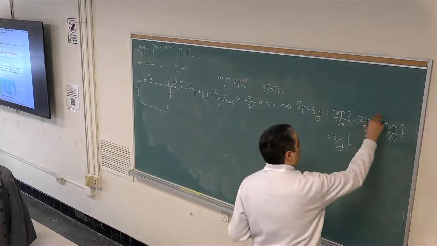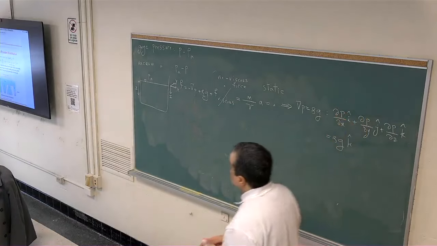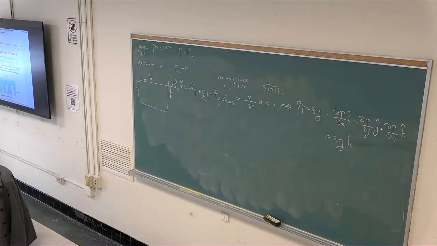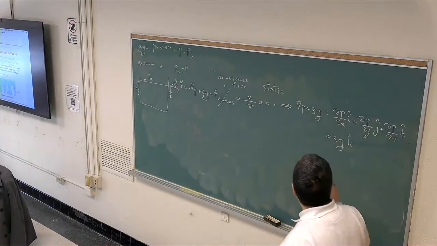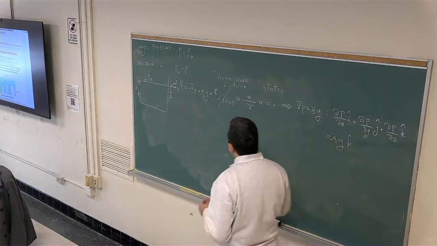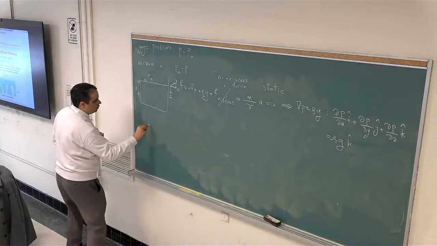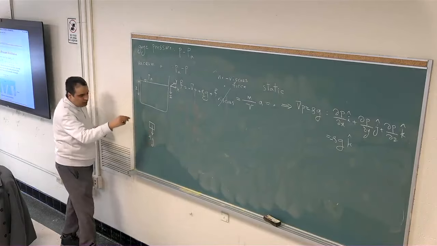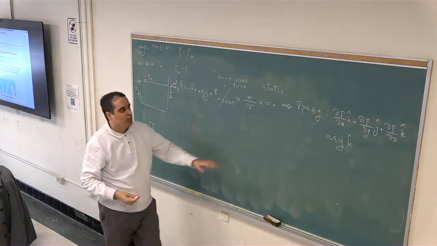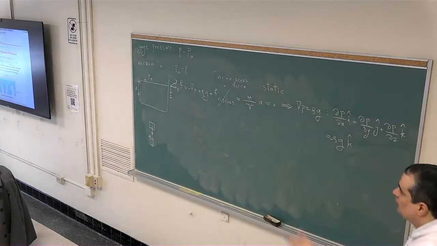So these two vanish. Why do we have minus? Because this force is downward. We should have a negative sign here for rho g. Take an element of the fluid. Rho g is downward, so it has a negative sign.